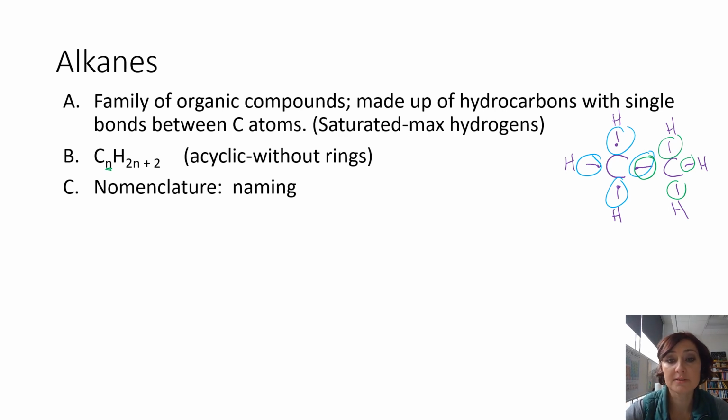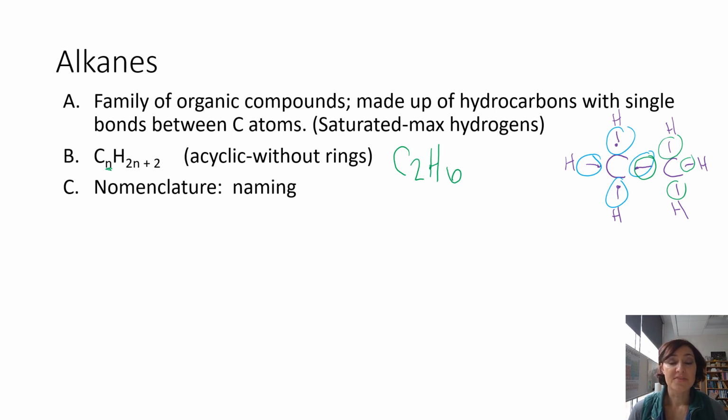We have 2 carbons, so we would say C2, and to determine the number of hydrogens, we would say 2 times the number of carbons, so 2 times 2 is 4, plus 2 is 6. Now, I do not recommend memorizing that formula. There's no point to that. That's just a quick way to know how many hydrogens you're going to add, perhaps if you're balancing an equation or something like that, but it's not really important for you to memorize.